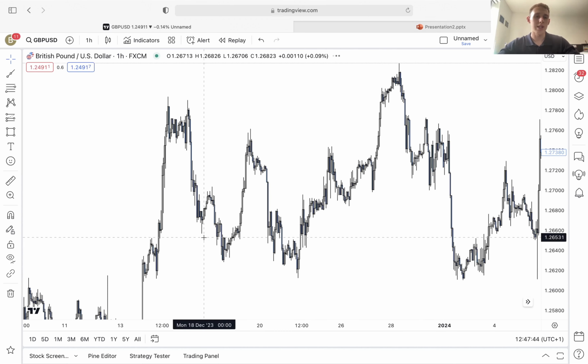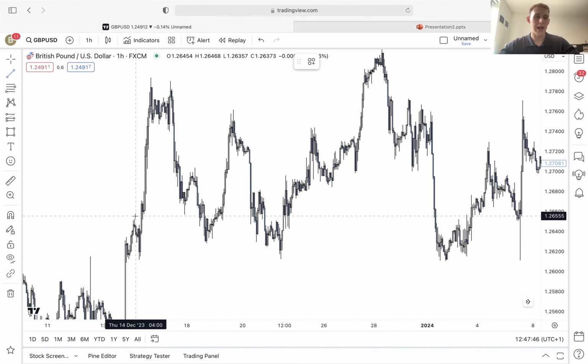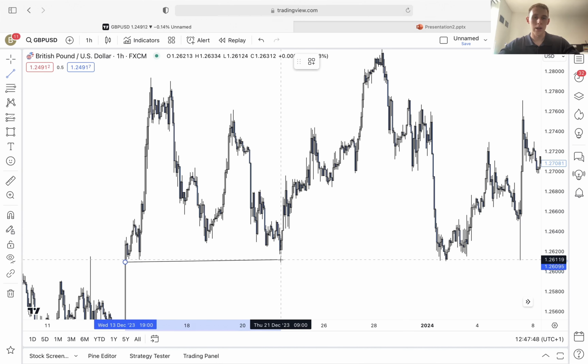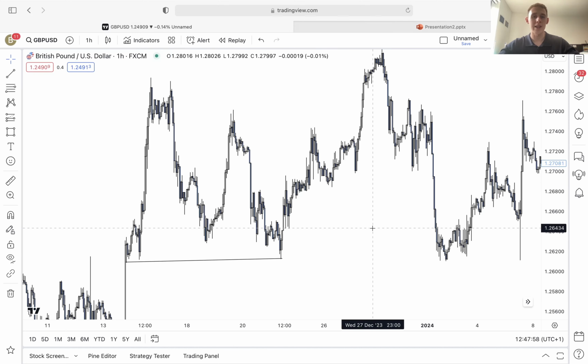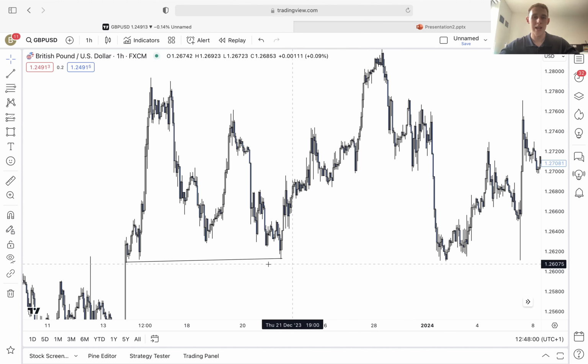So in this case, we can see that we had, if we draw a line, multiple areas, multiple touches of this area. So we have multiple different equal lows in this particular area. And then as you can see, price comes down at a later date, sweeps that previous area of liquidity, and then gives a reaction to the upside.